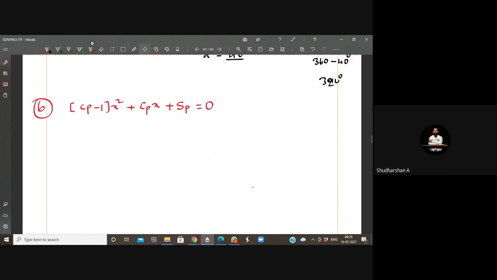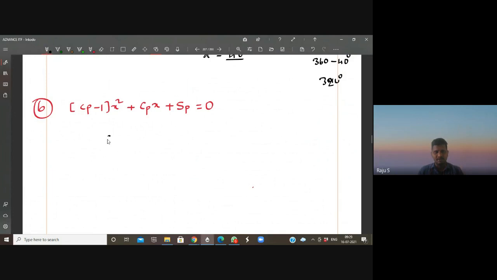It is in the form of ax square plus bx plus c is equal to 0, and the roots are real. When the roots are real, what about the discriminant? Discriminant is b square minus 4ac. Am I right, students? Capital D is equal to b square minus 4ac.